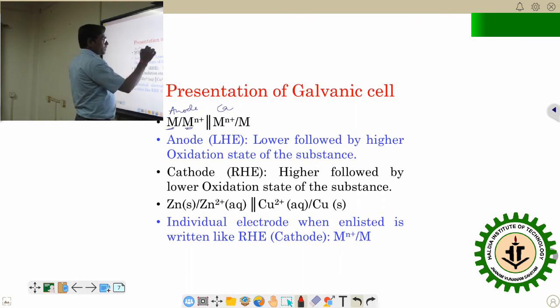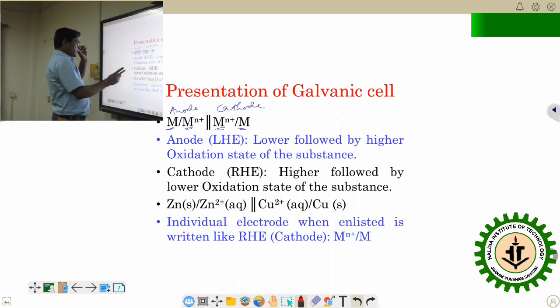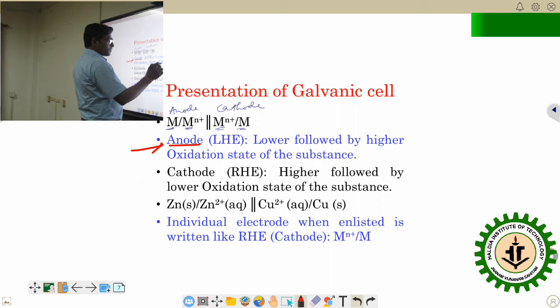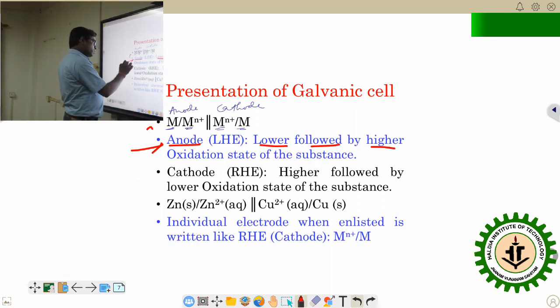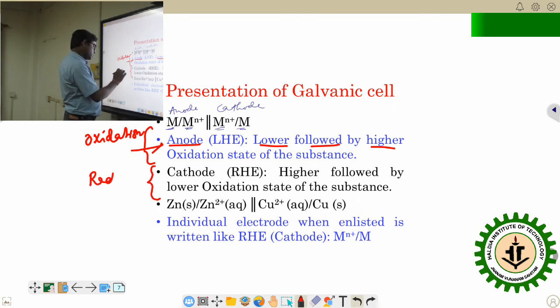Where it is the case of cathode, it is the higher oxidation state followed by lower oxidation state. Which one will be the anode? Obviously, where there will be the oxidation. And if there is the reduction, that is called what? Cathode.